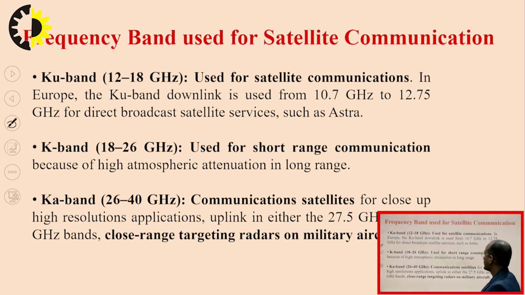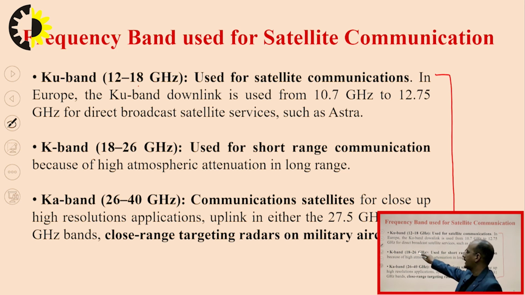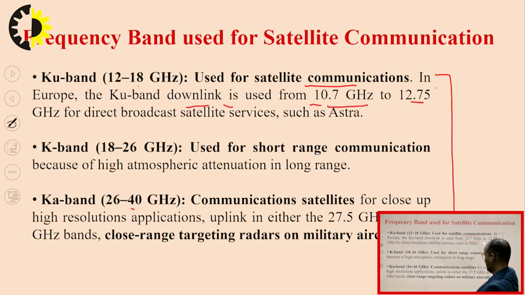Other than that, there are the Ku, K and Ka bands. Basically, they are used for outer space exploration. Ku band is 12 to 18 gigahertz, K band is 18 to 26 gigahertz and Ka band is 26 to 40 gigahertz. Basically Ku band is used for satellite communication, in Ku band the downlink is 10.7 gigahertz to 12.75 gigahertz for direct broadcast services.